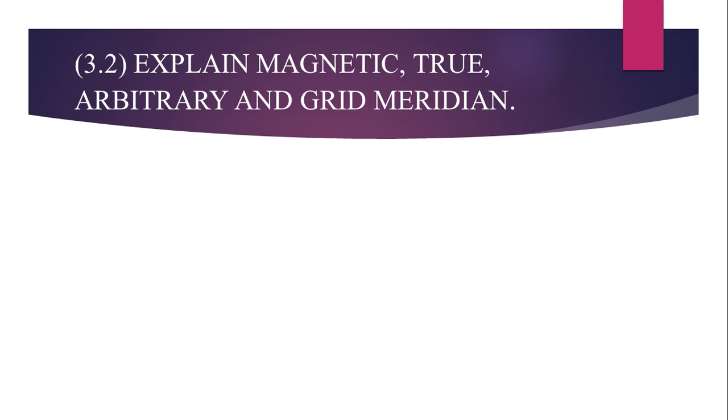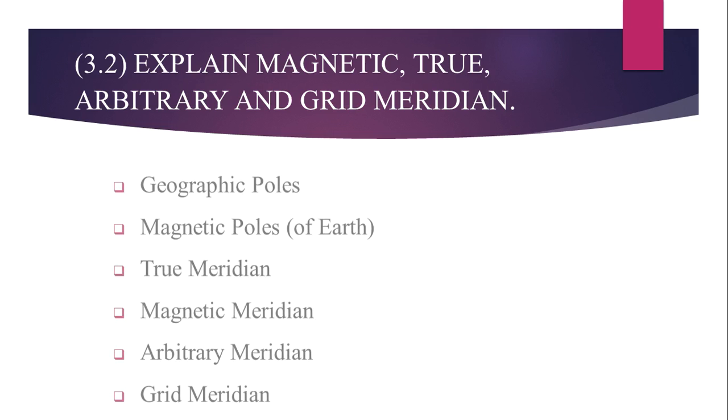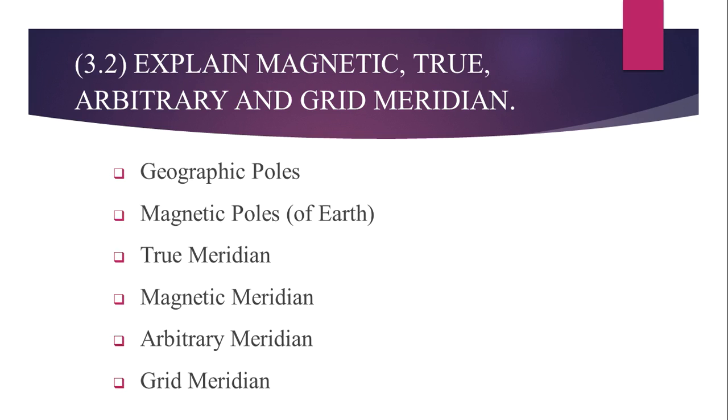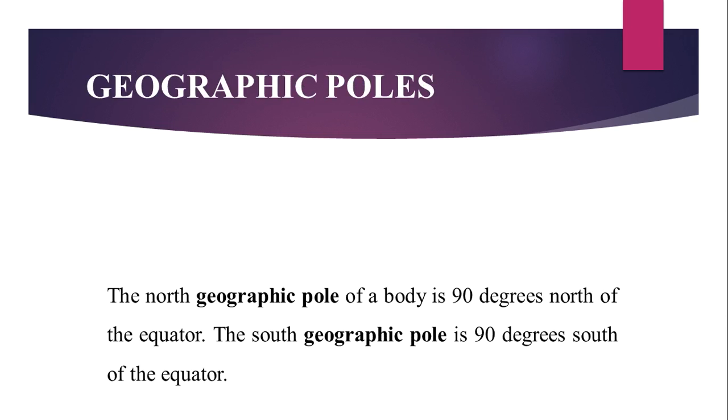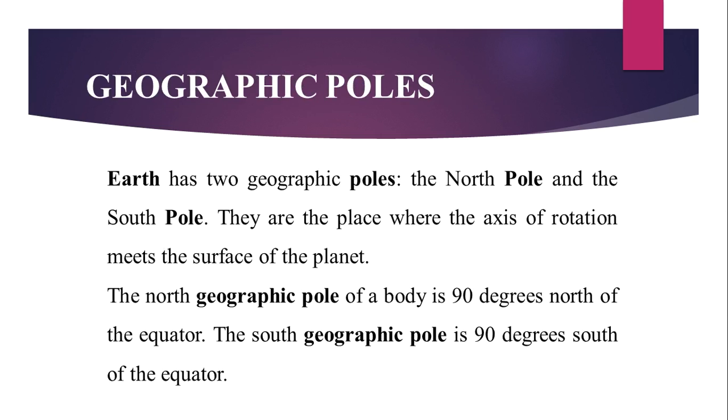Question 3.2. Explain magnetic, true, arbitrary and grid meridian. These consist of geographic poles, magnetic poles, true meridian, magnetic meridian, arbitrary meridian and grid meridian. Geographic poles.